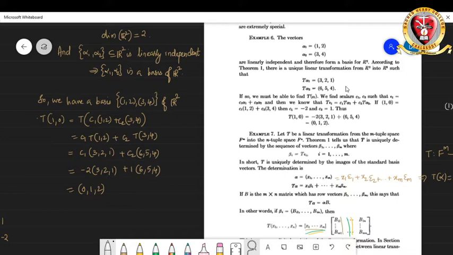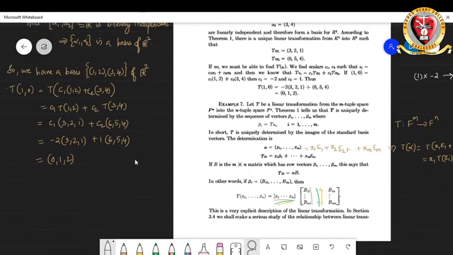This we proved in the last class video. So we apply it here: T of alpha 1 is given as the ordered triple (3, 2, 1), and T of alpha 2 is the ordered triple (6, 5, 4). You know what c1 and c2 are. Substitute, and you get T of (1, 0) equal to ordered triple (0, 1, 2).